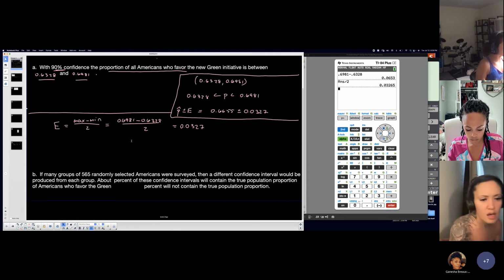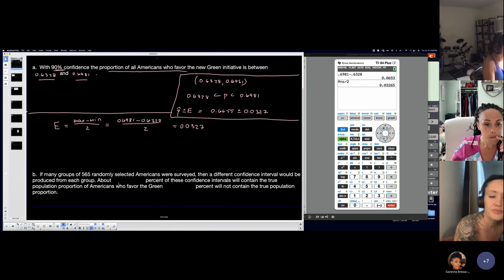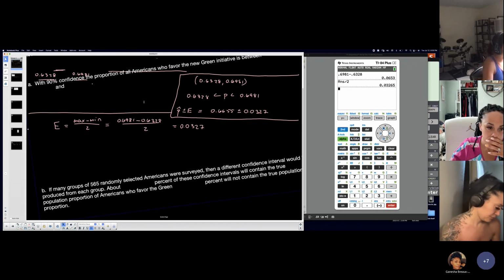If we continue to do this sample, then a different confidence interval would be produced from each group because it would have a different sample proportion. About blank percent. So this is like an input for your problem. About blank percent of these confidence intervals will contain the true population proportion of Americans who favor the green initiative.